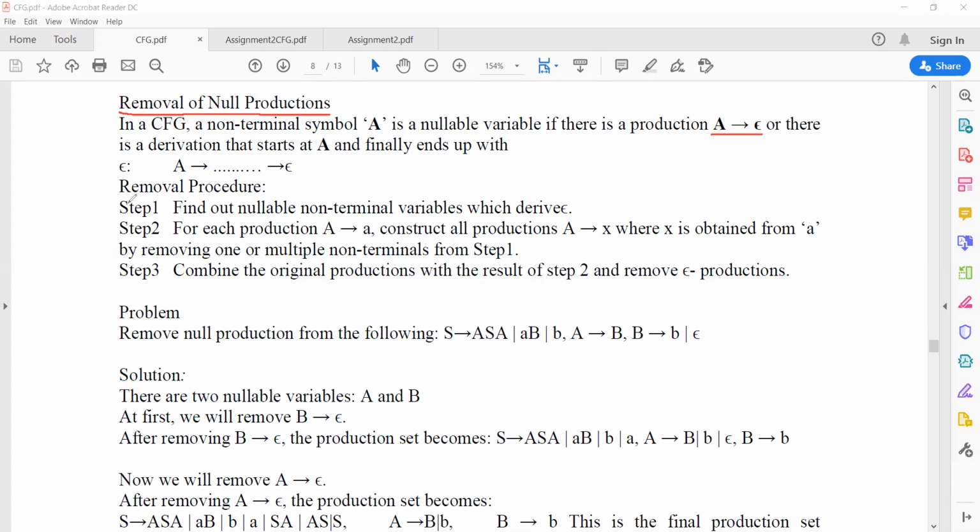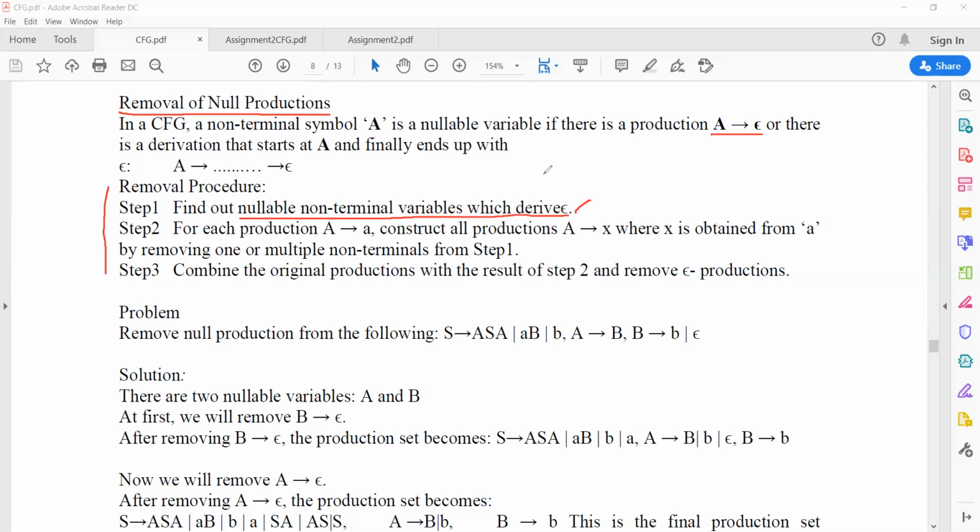So what steps will be followed? Again, it will be three steps and it will be iterative. What you have to find out is which are the nullable non-terminal variables which derive null.